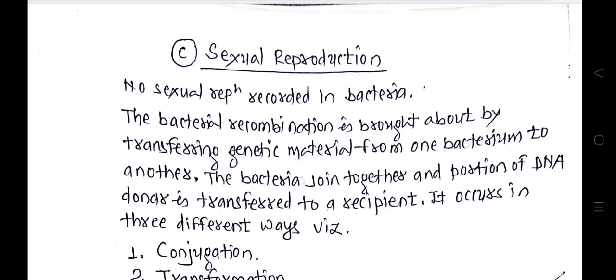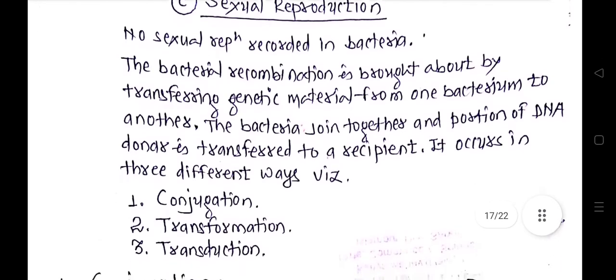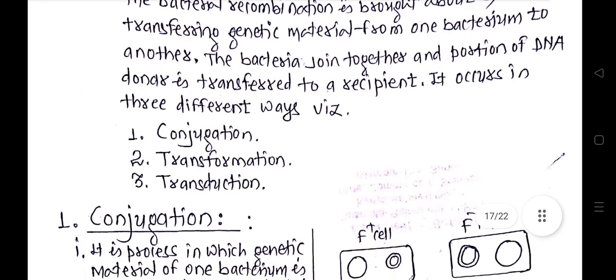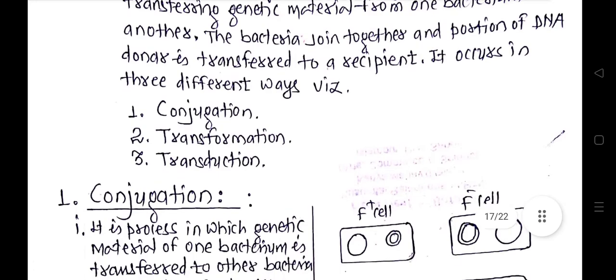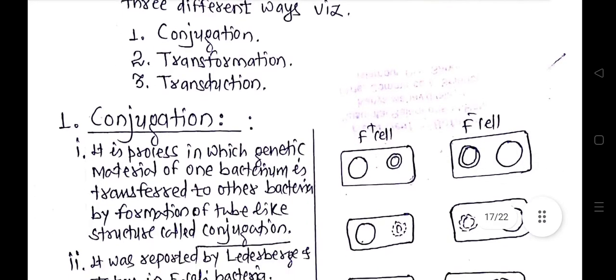The bacteria join together and a portion of DNA from the donor to the receiver gets transferred, and that is considered sexual reproduction. It takes place by methods like conjugation, transformation, and transduction.